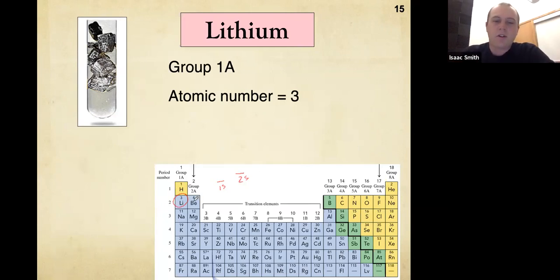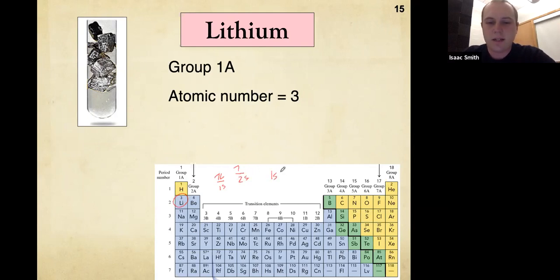And once we go through the 2s, we already have enough to do the electron diagram for lithium because it only has 3 electrons, and we've already gone through the section that holds lithium in it, which is in the 2s, right? So now we start filling with electrons. We have 3 electrons because there's 3 protons. Atomic number is 3. Okay, and then this would be our electron configuration diagram for lithium.